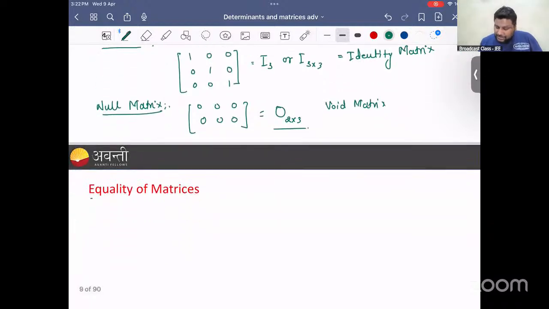Now there comes a term, equality of matrices. So how come two matrices be equal? All right.